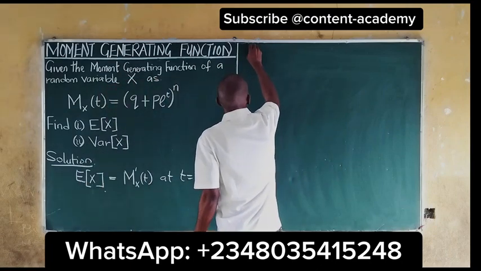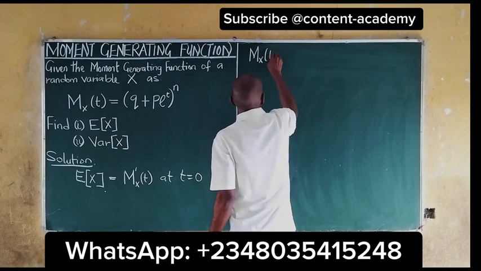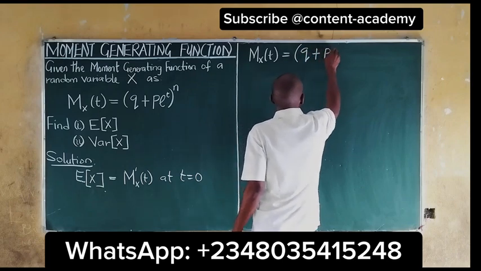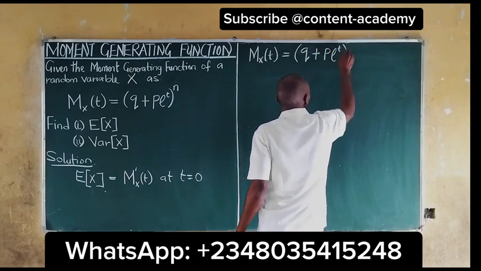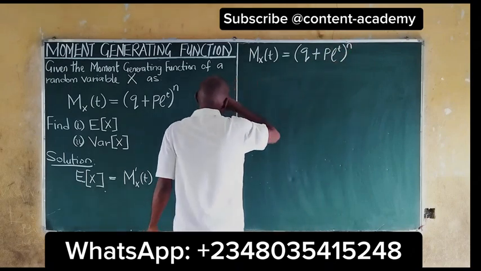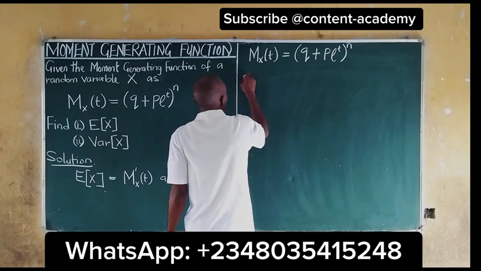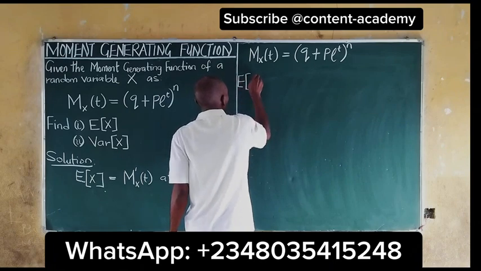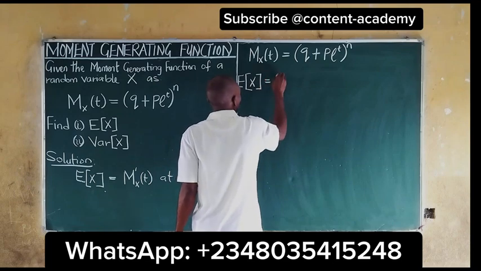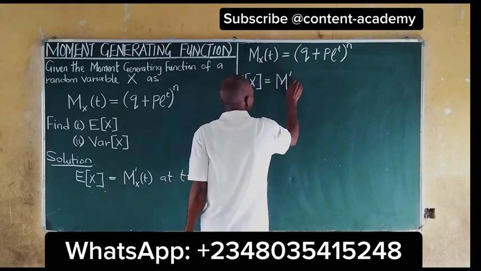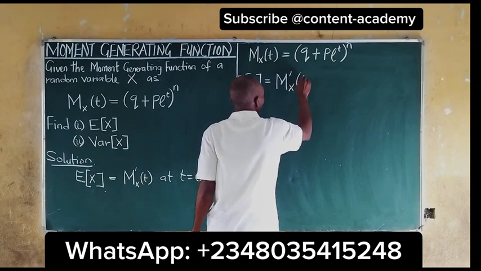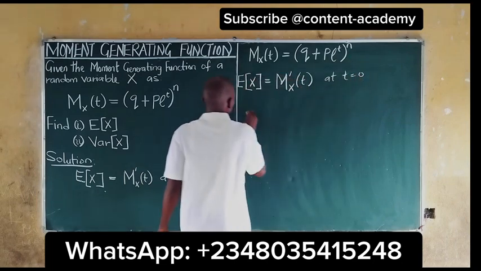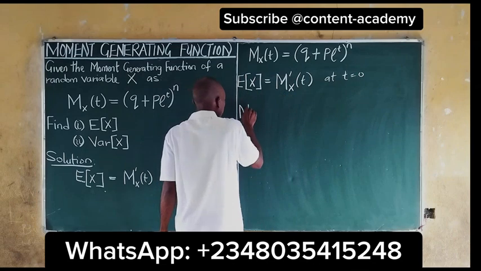If we have M_X(t) equal to (q plus p e^t) raised to the power of n. Now, it then means that our expectation of X will be equal to the first differential for this function at t equal to 0. So, what is our first derivative?